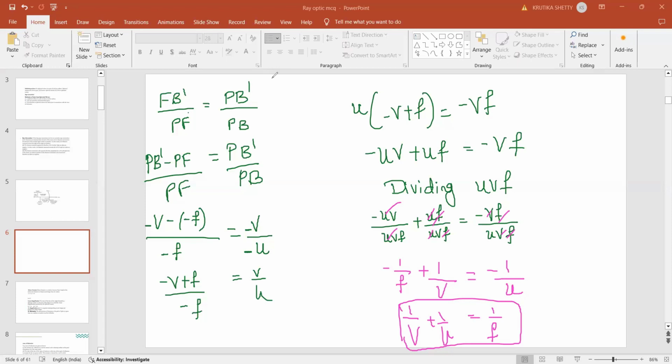There you equate PM with FAB. Then after that, RHS terms are same, therefore LHS are same, so we equate the RHS, that is equation 4. Next, we are substituting the terms. Then lastly, dividing by UVF, we come across the mirror formula. So if anybody is having any doubt, please ask. So this is the mirror formula derivation, 3 marks.